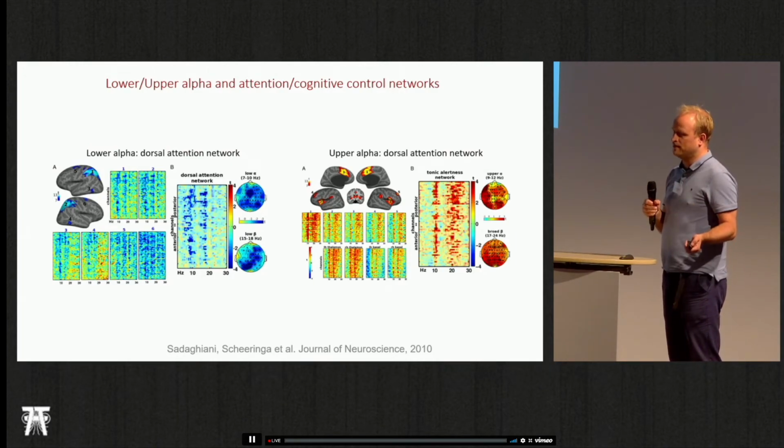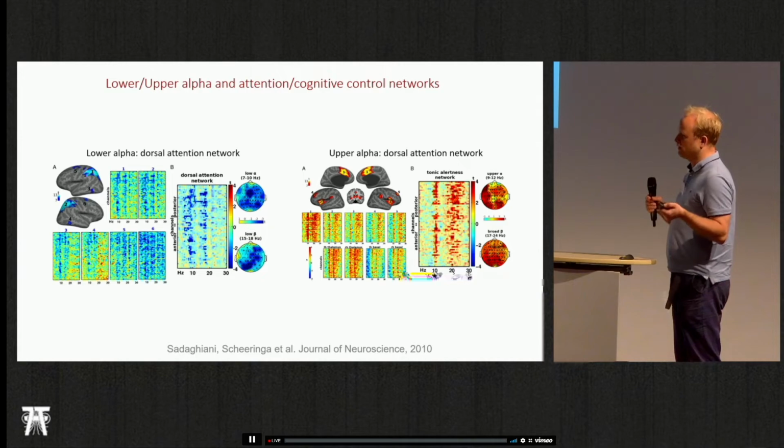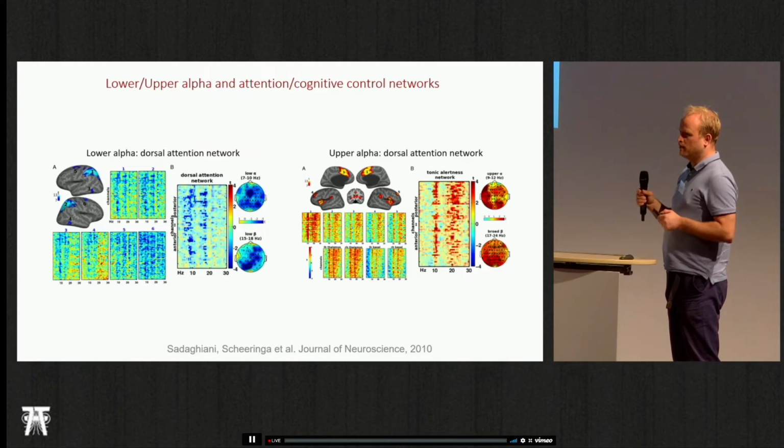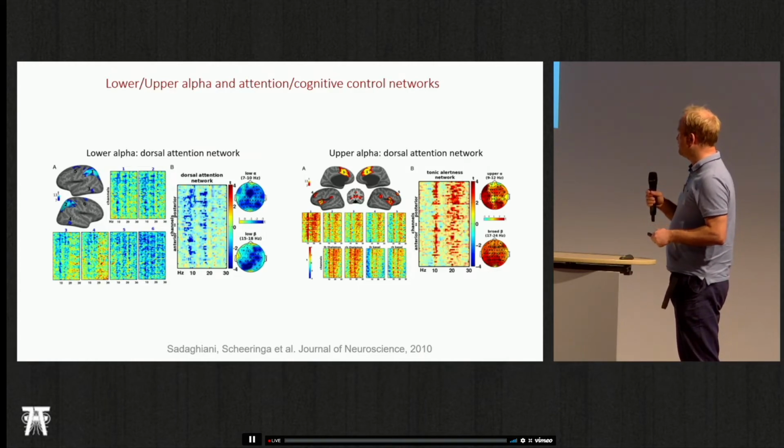And in the past, I've actually been looking into that as well. I stumbled into it. And we were also able to show that different cortical control networks relate differentially to upper and lower alpha, in the sense that the dorsal attention network seems to be more related to lower band alpha effects. At least this is in a resting state study.